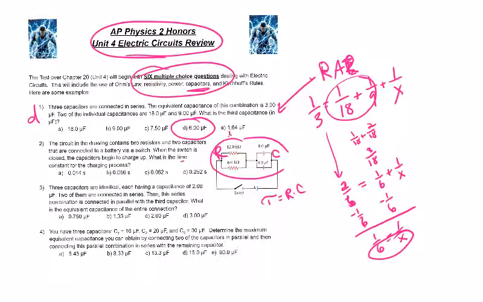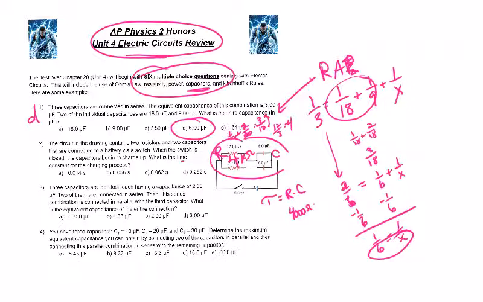So I've got to take 1 over 12 plus 1 over 6. That's going to be the same as 2 over 12, so this would be 3 over 12, but then don't forget the end of RAR. We have to flip it over again, so this would be 12 over 3, or in other words, 4. So this whole thing acts like a 4 kilo ohm resistor. So 4,000 ohms.